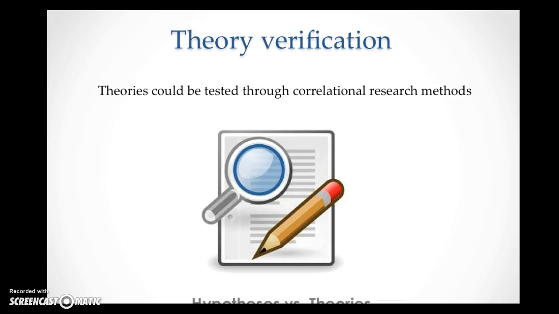Finally, another practical application of correlational research methods is for theory verification. Researchers interested in verifying a well-tested explanation that is supported by evidence-based data may test or verify such theory through correlational research methods.